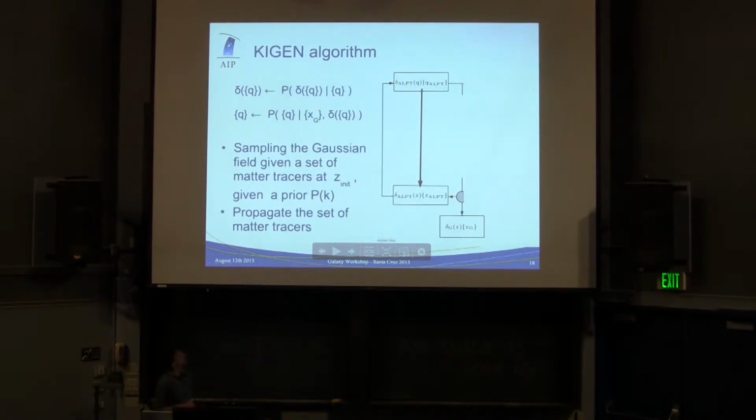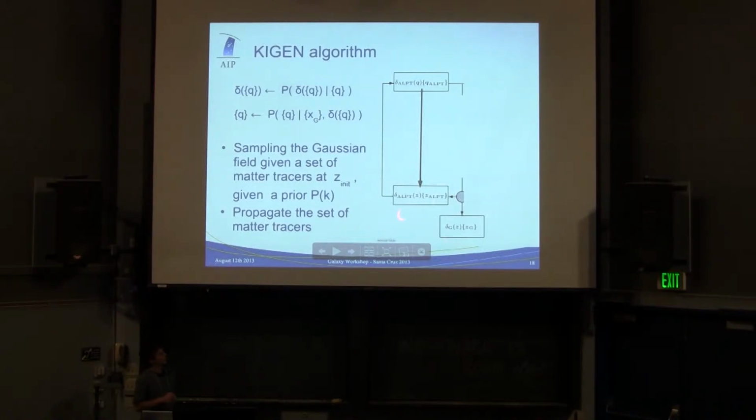And it goes like this. You make an initial guess of the initial density perturbations and a corresponding field of meta tracers. You evolve them forward in time with an efficient structure formation algorithm, and you compare your result with the desired density field. Let me add here that the desired density field is the galaxy positions, which we weight with the inverse of the selection function to get an overdensity field.